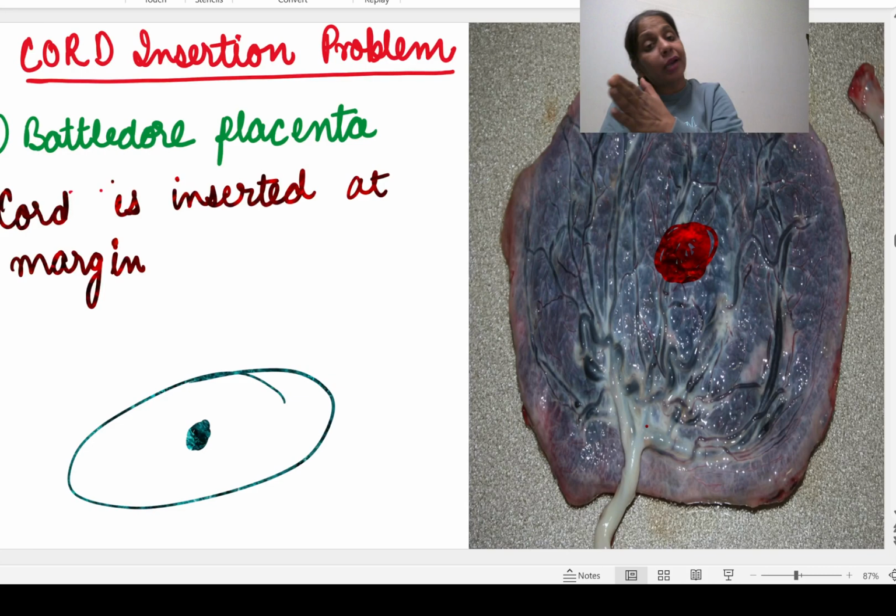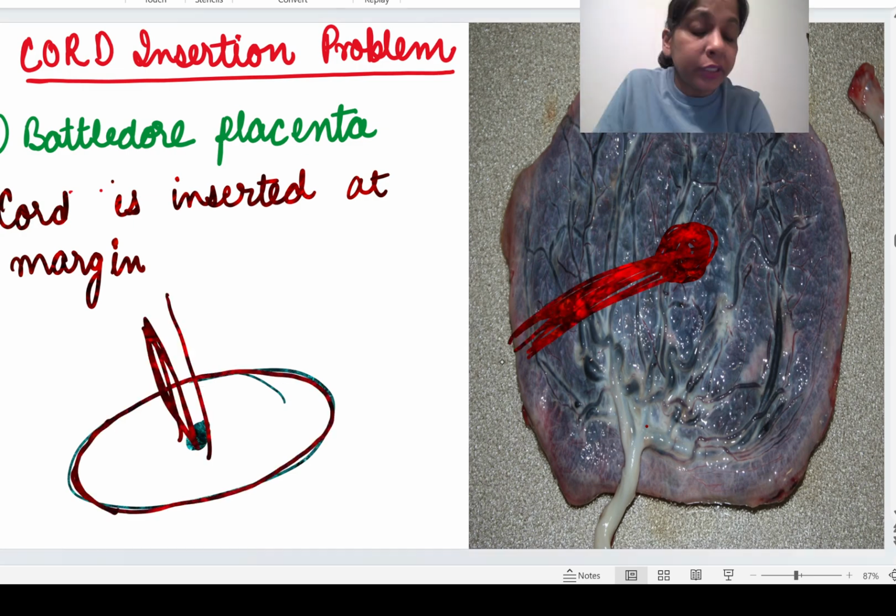For example, if this is the placenta, then ideally the cord gets inserted in the center. But as you can see in the picture, the cord is not inserted here in the center. Ideally it should be like this, but it is not. The cord is inserted in the margin. So this is battledore placenta.